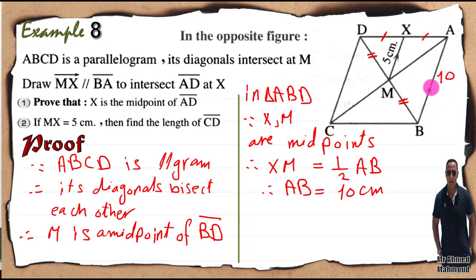If AB equal 10 centimeters, therefore CD also equal 10 centimeters. Next question.